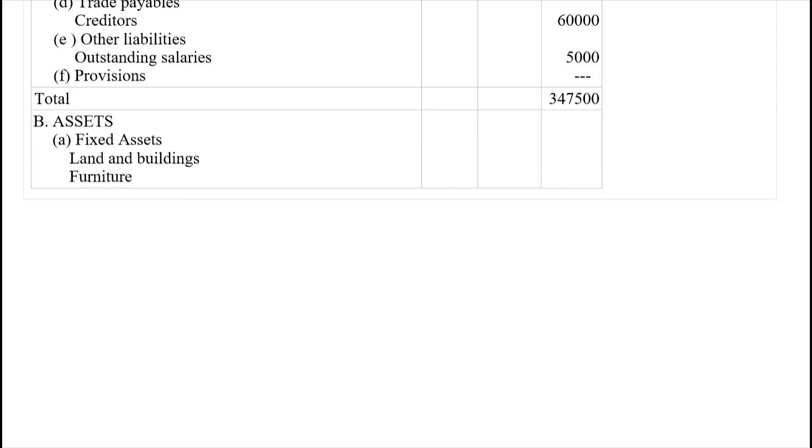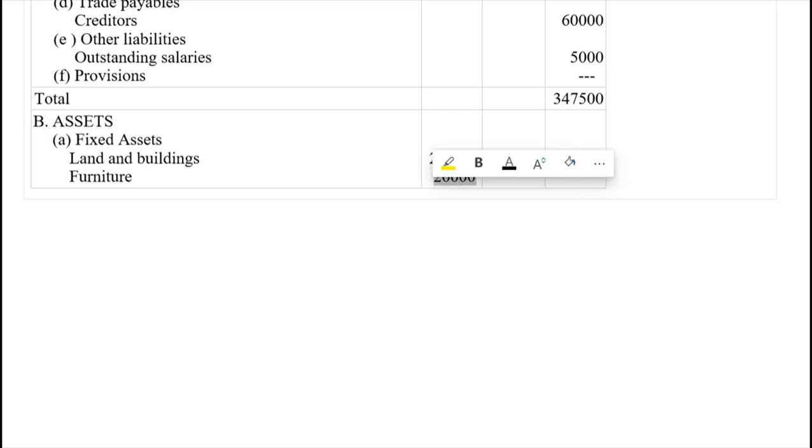So now let us take the value of land and building. The land and building is given in the problem as rupees 2 lakhs. Whereas the furniture is rupees 20,000, there is no depreciation here. So now let us take the sum of this to the outer column, that is 2,10,000 here.